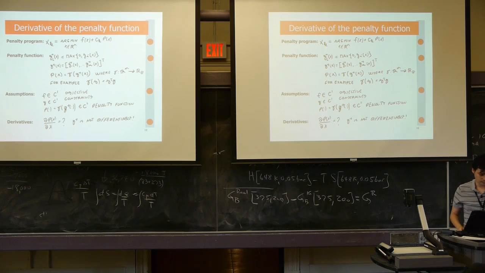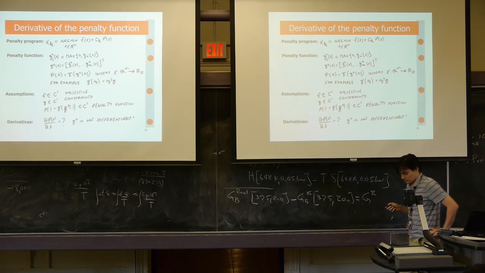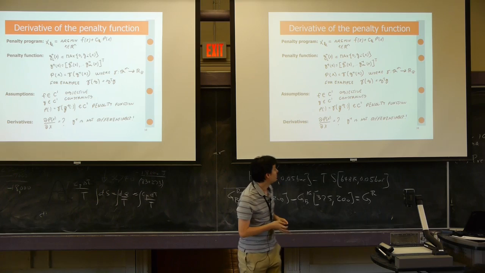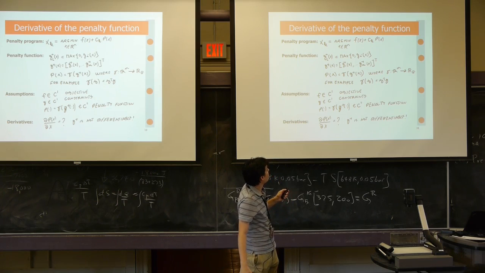So let's continue here. We had our original objective function f. We modified that with the penalty function. So our new objective is f(x) plus c_k times p(x), and we want to minimize this.